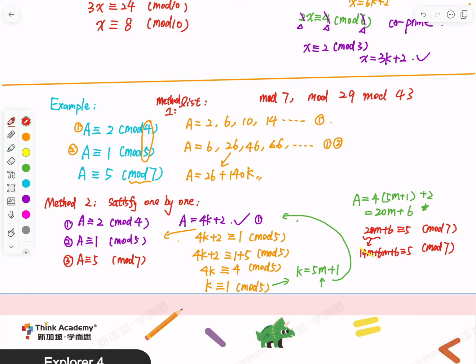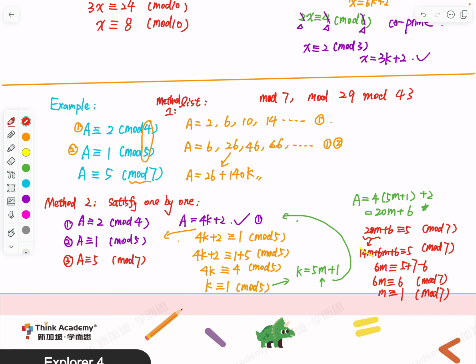So the result becomes 6m congruent to 5 plus 7, because then minus 6. So 6m congruent to 6 if I mod 7. So m congruent to 1 if I mod 7.